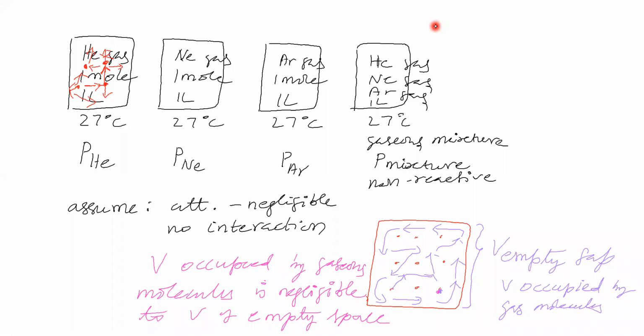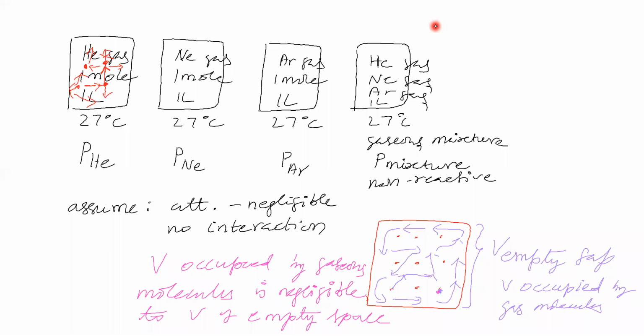What is the meaning of the behavior of neon molecules? That means independent behavior of neon. That means each neon molecule is not affected by other neon molecules. That is called independent behavior.